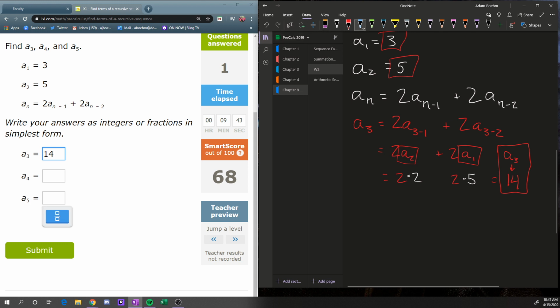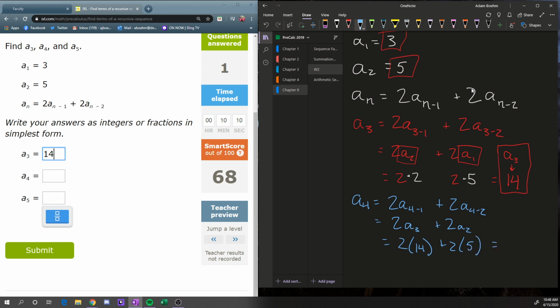All right, so A4. Okay, so the fourth term is 2 times the third term plus 2 times the second term.